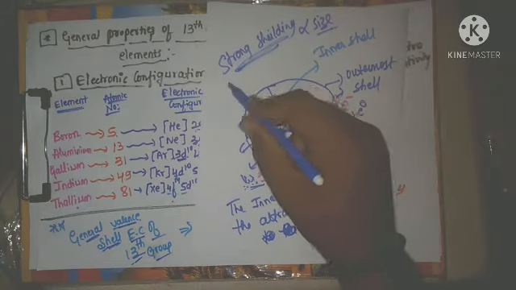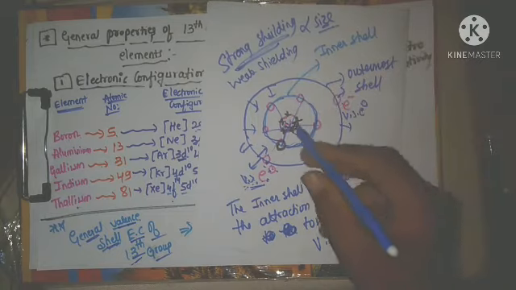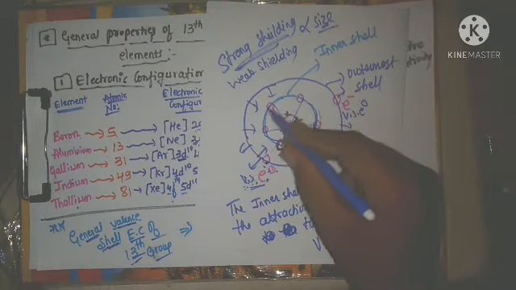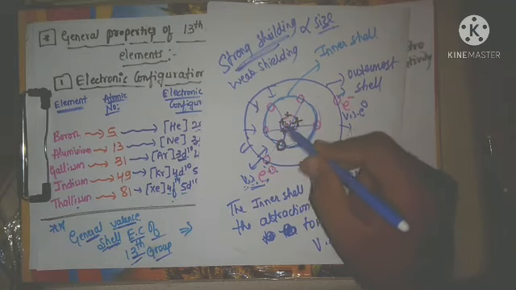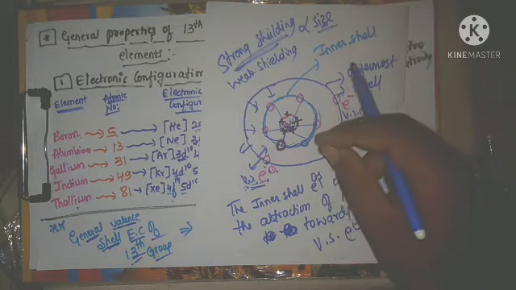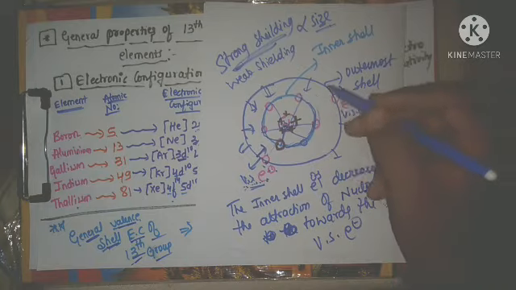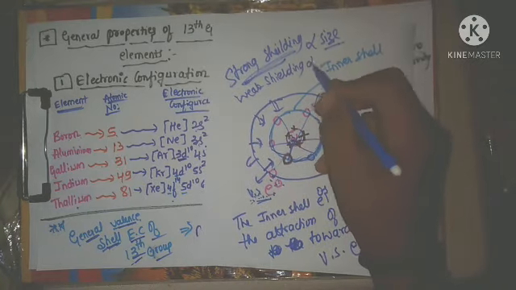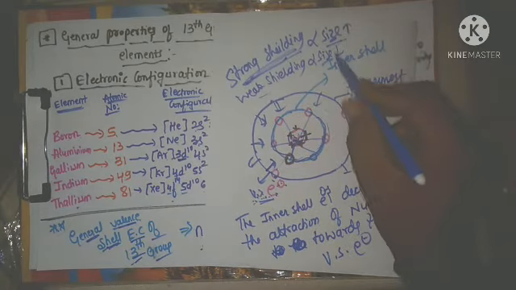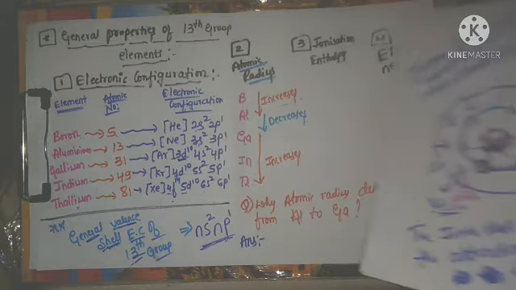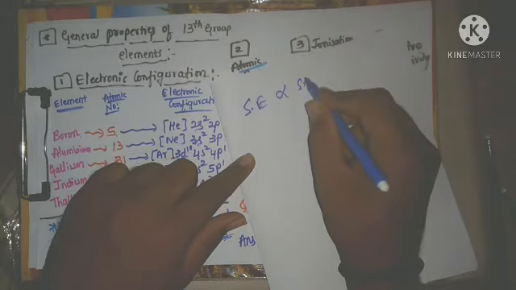When weak shielding is happening, these inner electrons are not shielding the nucleus properly. The nucleus and the valence shell electrons are strongly attracted, so these valence electrons come towards the nucleus. Then size decreases. Strong shielding effect, size increasing. Weak shielding effect, size decreasing. That is only what I want to write here: shielding effect is directly proportional to the size.